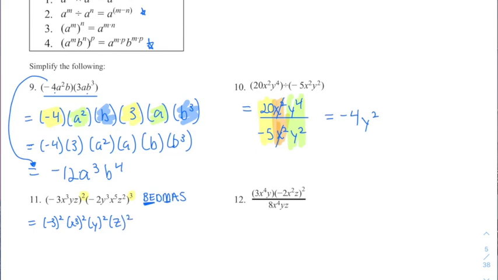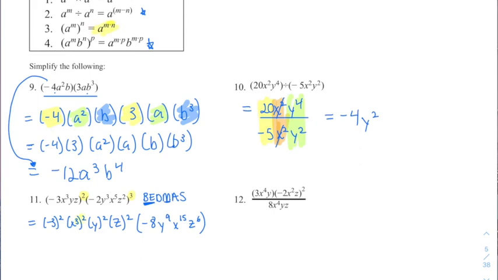Okay, so I'm actually not going to do all this work for the second one. I think we can figure out that it's negative 8 y to the 9 x to the 15 z to the 6. So you don't have to do all this work. But for the first step I wanted to show you, and don't forget the last thing we're going to use here is this rule.